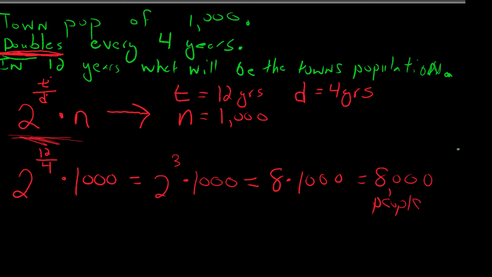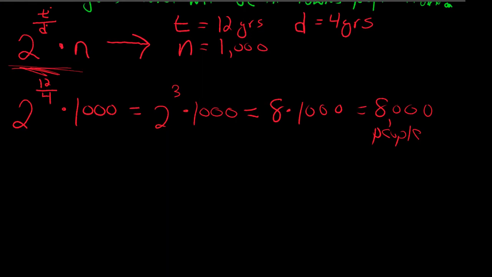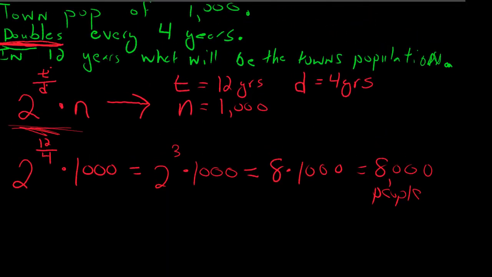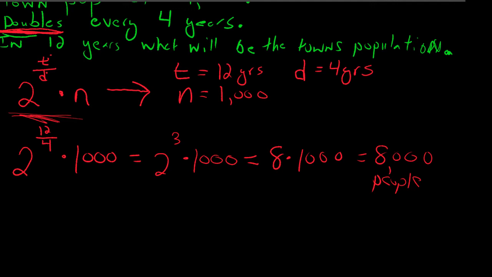Let's do it using the table idea that the book uses. So again, we're now going backwards. We're starting with the result that the book worked out for us. We're going to work our way through the table just to verify that this result works for all possible examples. So I'll have my year and I'll have my population. When I start, I'm counting at 0 years and I have 1,000 people.